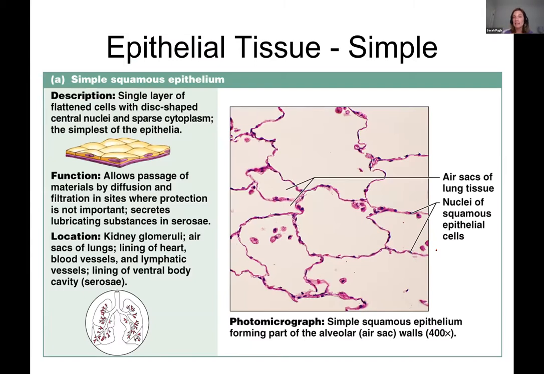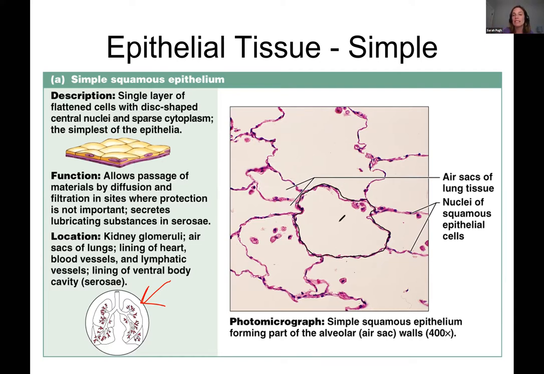So here it is in this image. You can see the alveoli of the lungs. Let me see if I can use a different color here so you can see better. I'm going to draw a black line right here. What I'm drawing on is that simple squamous epithelial tissue. You can see how thin it is.